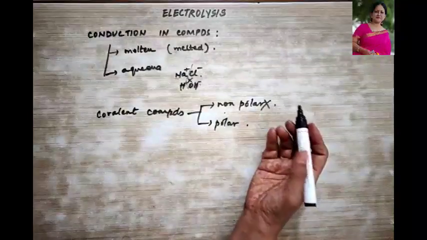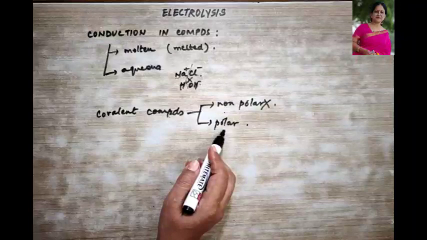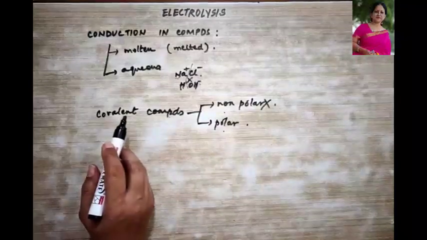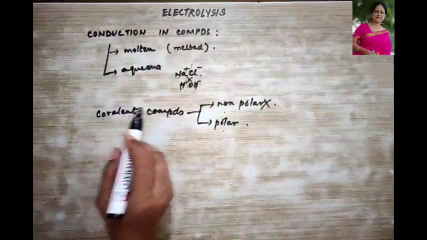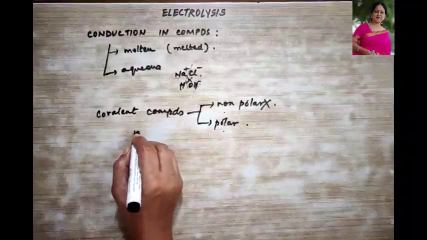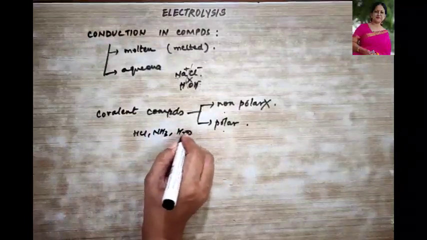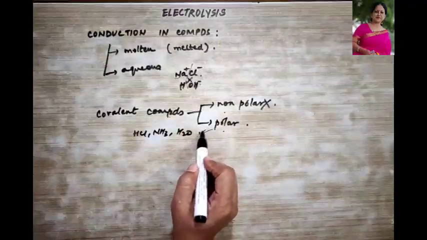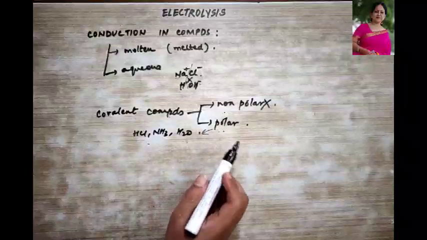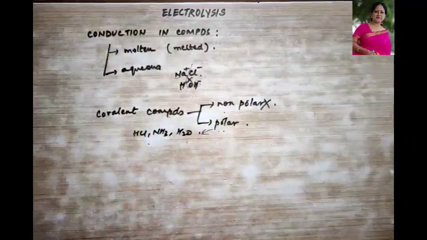Because they do not contain charges. But what about covalent compounds which are polar in nature? They ionize in aqueous solution and allow electricity to pass through. Some examples are HCl, NH3 or H2O. These are some of the polar covalent compounds which allow electricity to pass through. I hope till here everything is very clear to you.